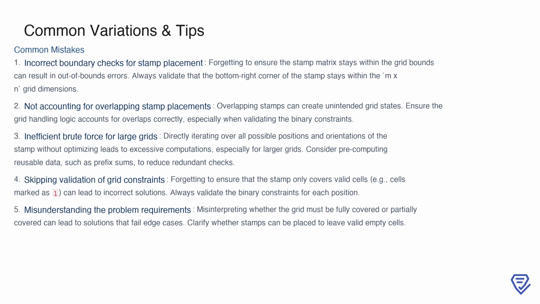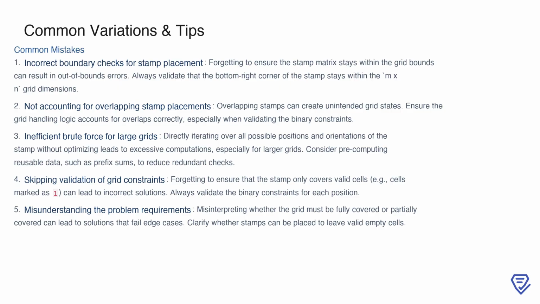Inefficiencies can also arise when dealing with large grids. A naive brute force approach that iterates through all possible positions and orientations of the stamp can lead to excessive computations. To avoid this, consider optimization techniques like pre-computing reusable data structures, such as prefix sums, to minimize redundant checks.